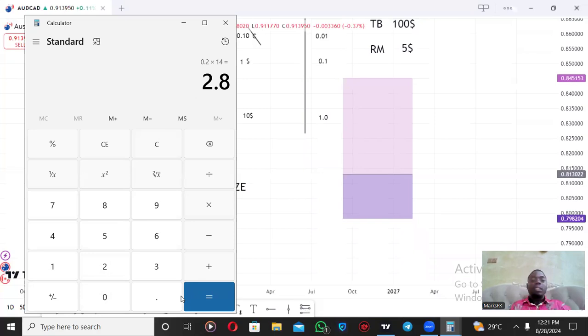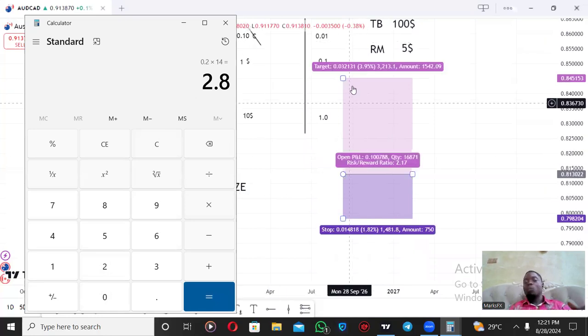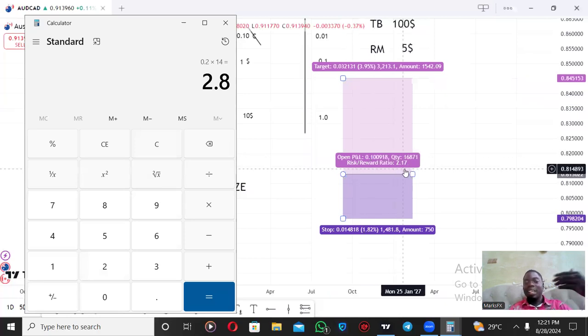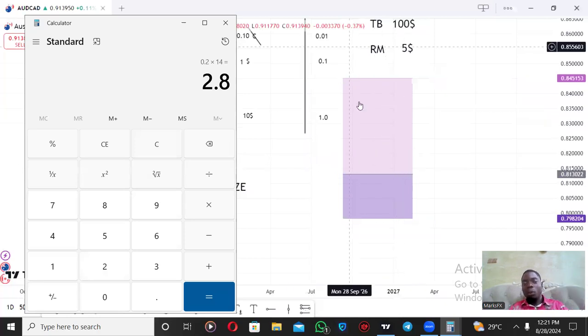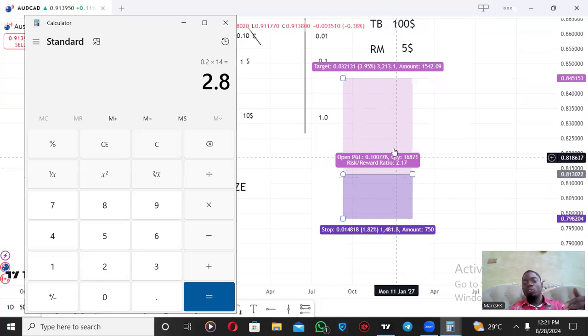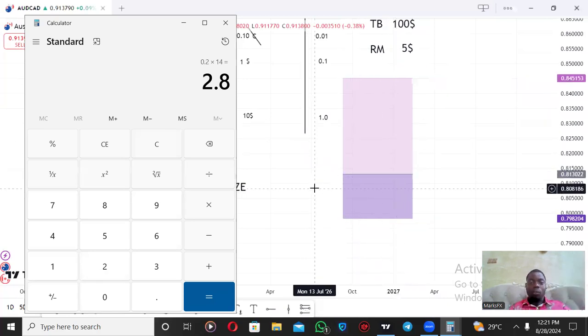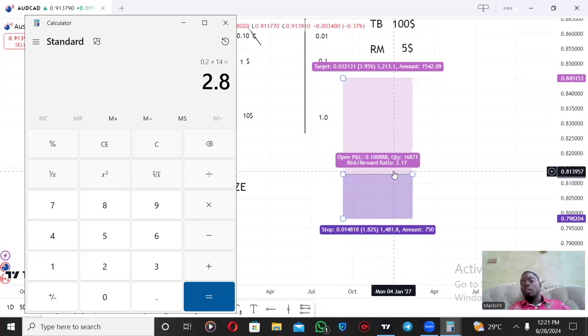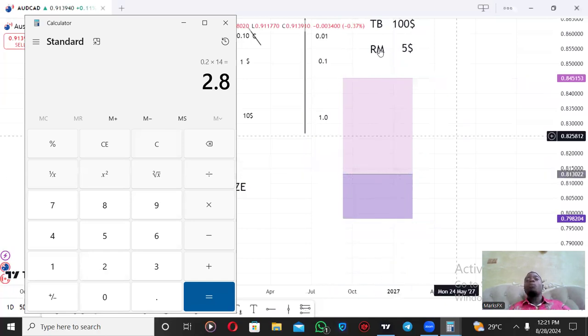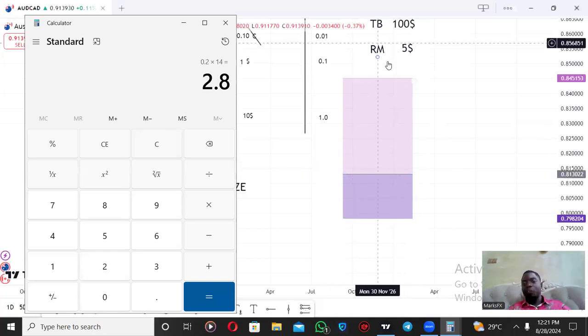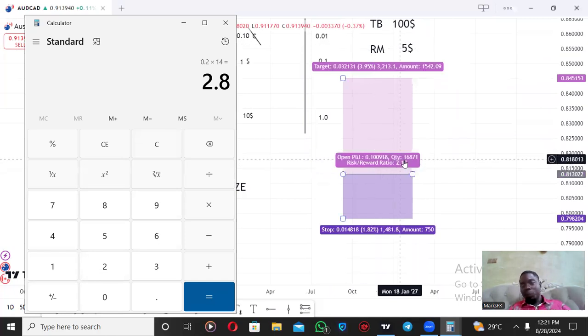Now, if you take it, what will be your profit? Your profit will be 2.17 times your target. What I'm saying is, if your risk amount is already $5, and your risk to reward ratio is now 2.17, you just multiply it by 5.